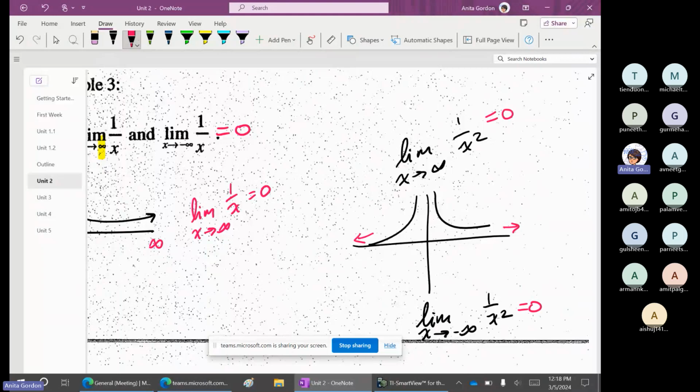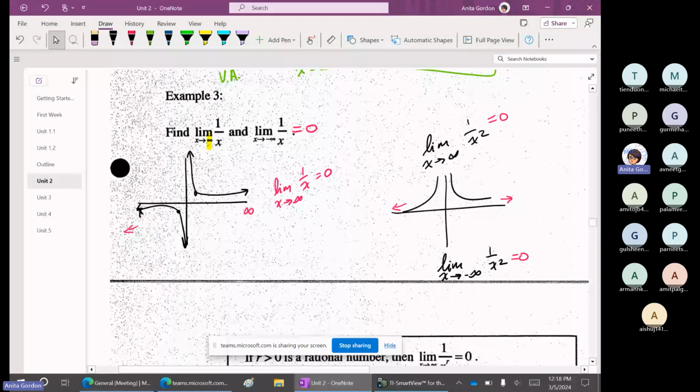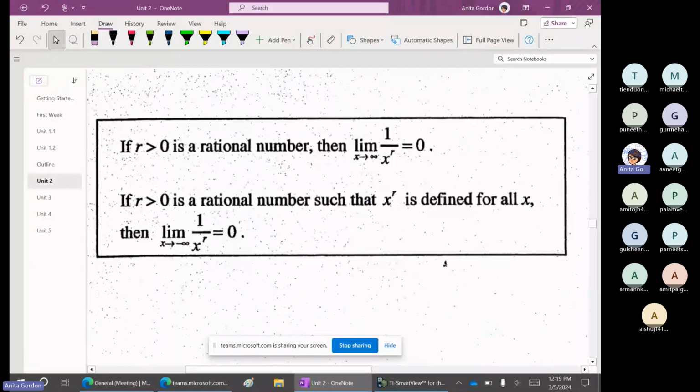Sometimes visually it's easier, sometimes algebraically it's easier, sometimes a table of values is easier. You're going to have to choose your own adventure as to how you solve these kinds of questions. Here's a box of importance. If r is greater than 0, i.e. a positive number, and is rational, such that we have 1 over x to the power r, the limit as x goes to infinity is going to be 0.